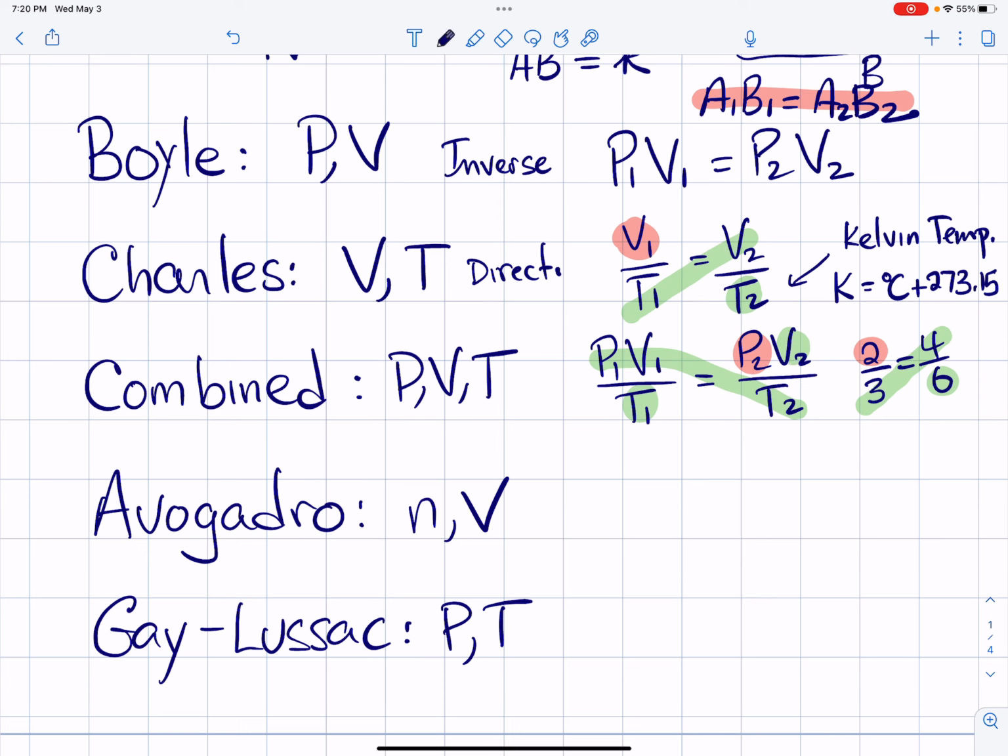So P2 is P1 times V1 times T2, the things that are opposites, divided by the T1 times the V2. That's how you'd cross multiply to find P2 in the combined gas law.